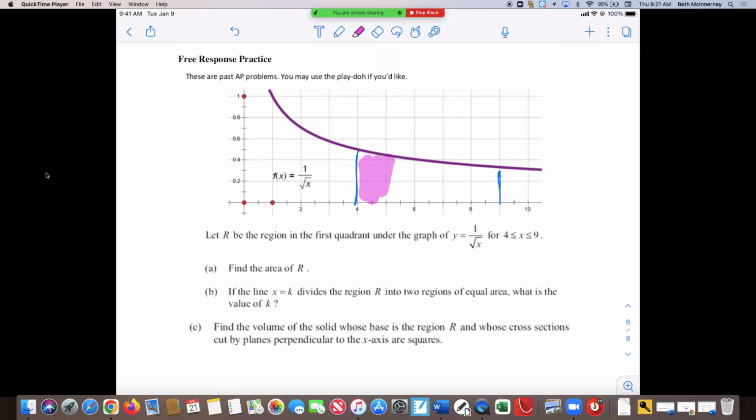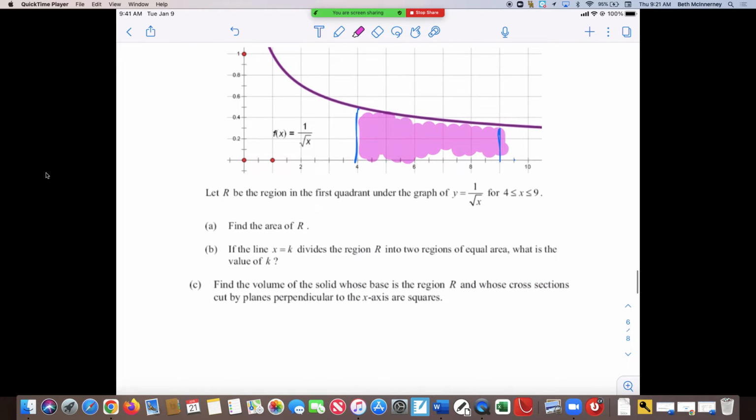So I'm talking about this region here. Letter A says find the area of this region. We know how to do this one.